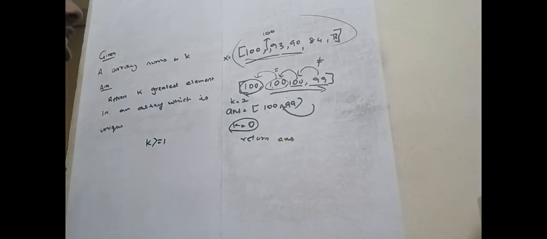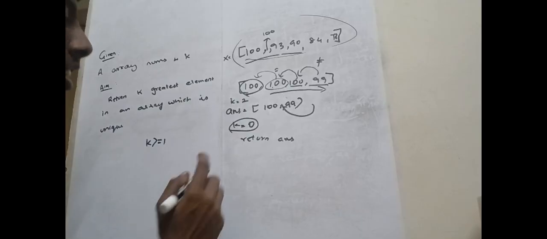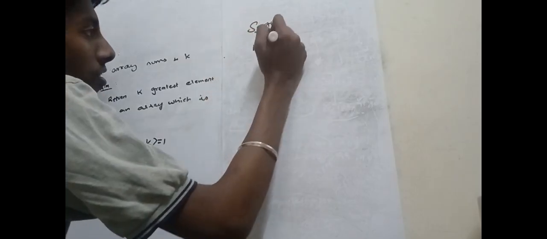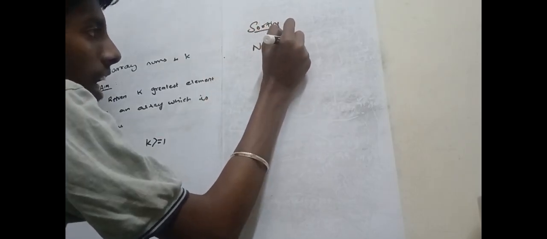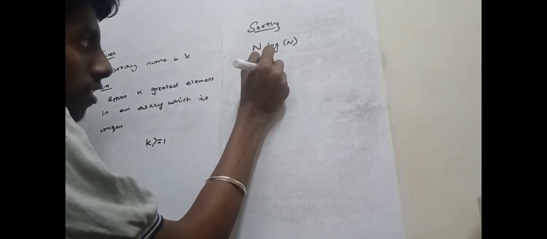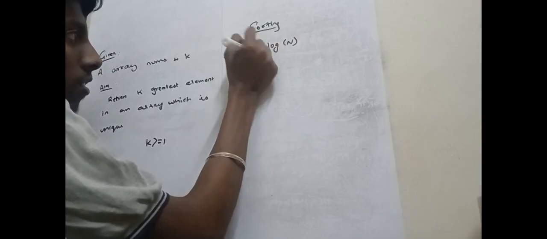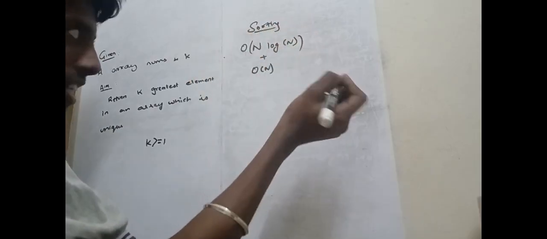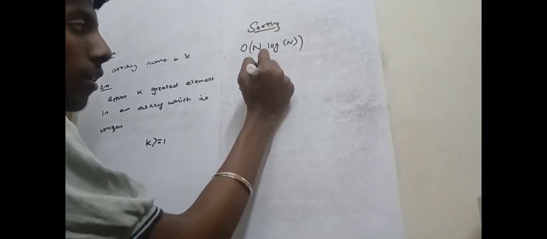So this is that. Now the time complexity: sorting takes O(n log n) at best. Additionally, we are running a loop from 1 to n, that is O(n). So as per standards, as I always mention, we'll ignore this.